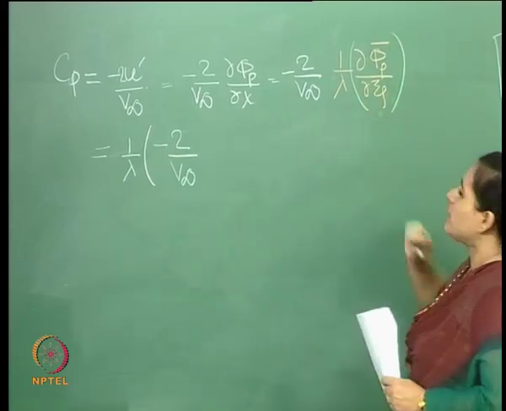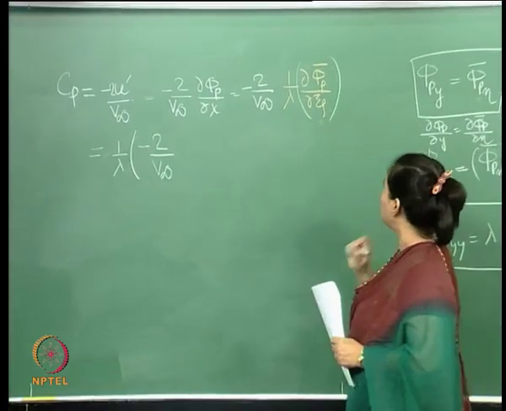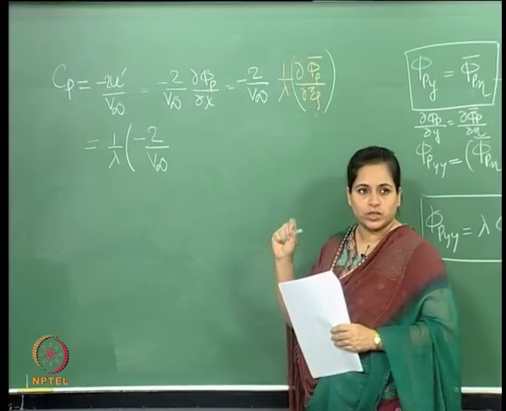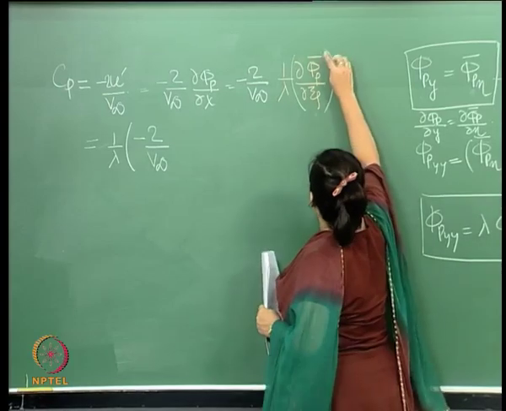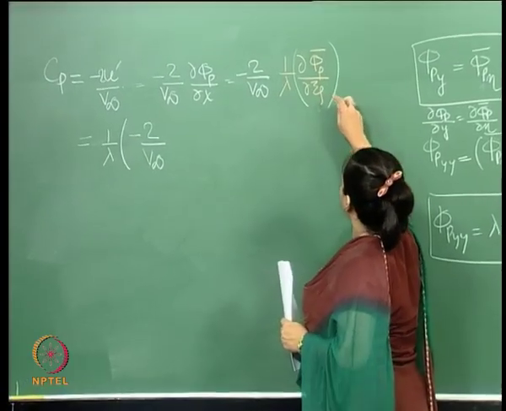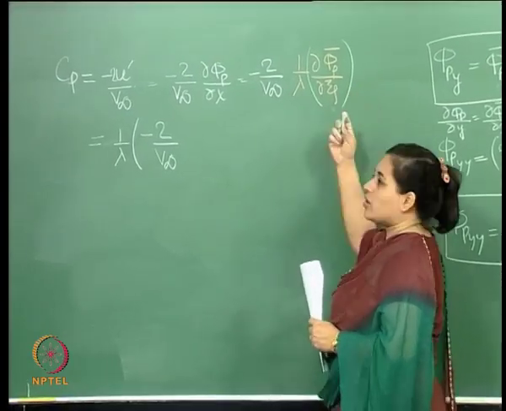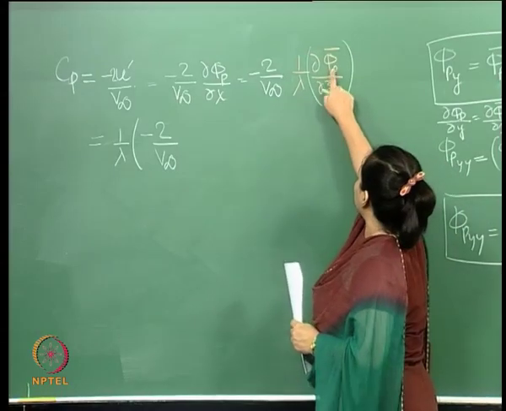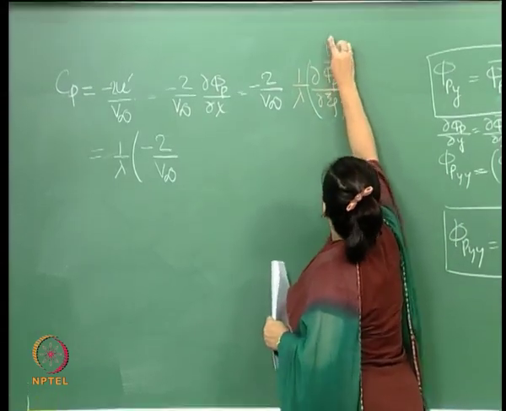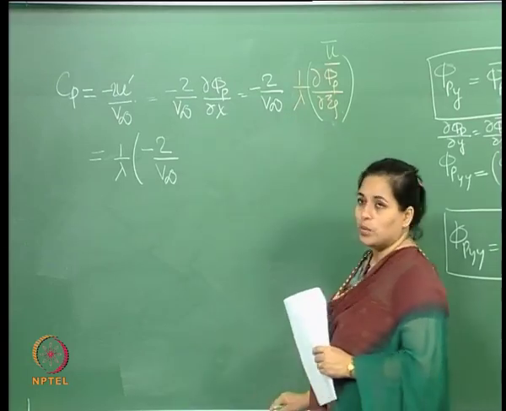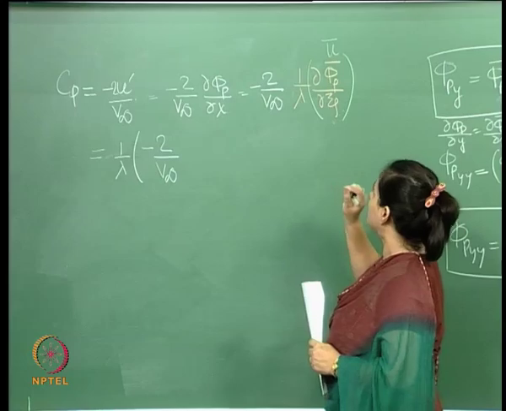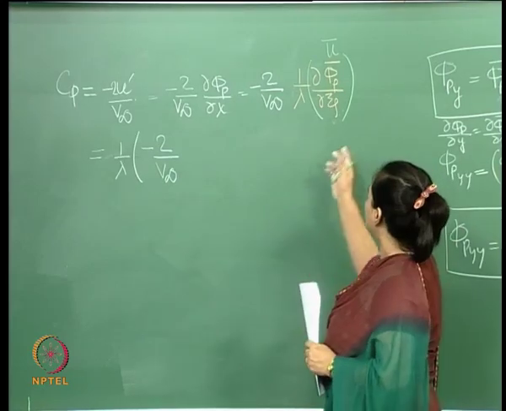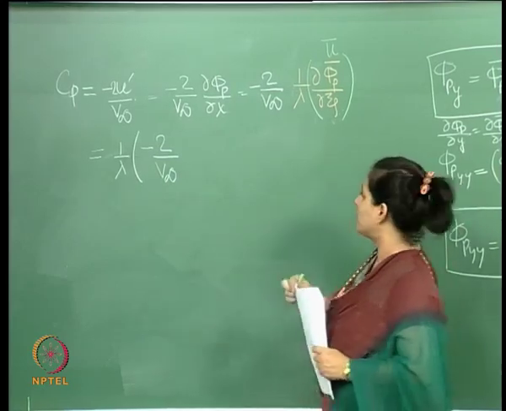This term I can write as basically the u component of the perturbation potential, the z component of the perturbation potential. So, this is essentially u bar, the perturbed velocity in the z direction in the transformed coordinates, right.